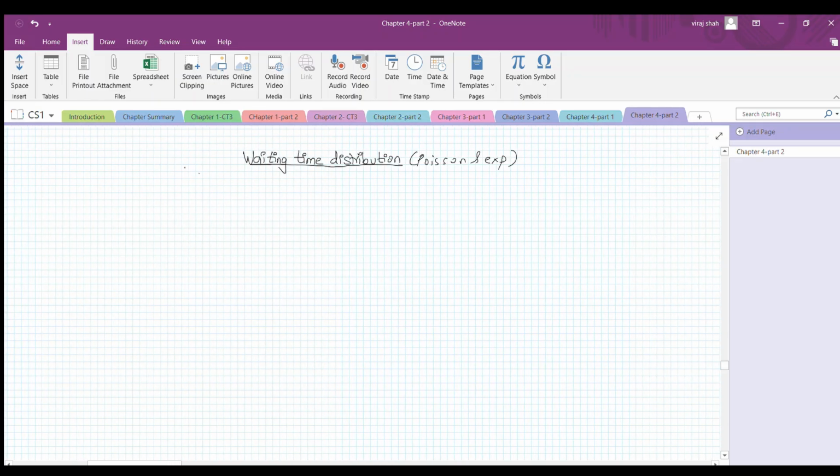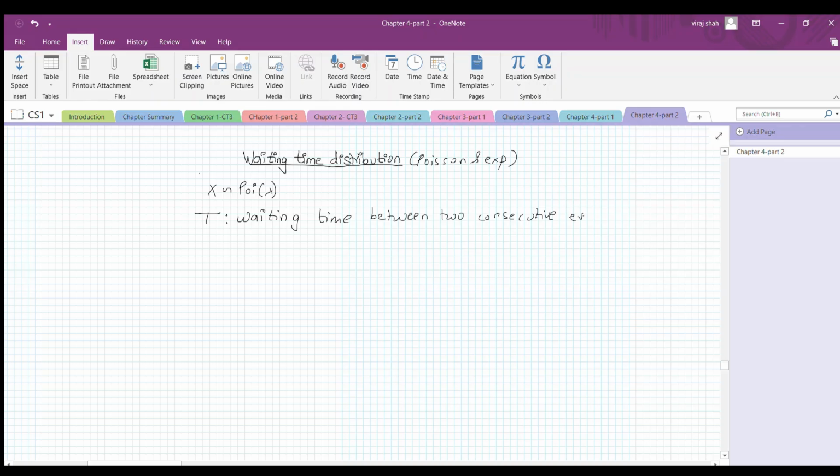It says that if x, my random variable, follows a Poisson distribution with parameter lambda, then my waiting time, which is t, the waiting time between two consecutive events.